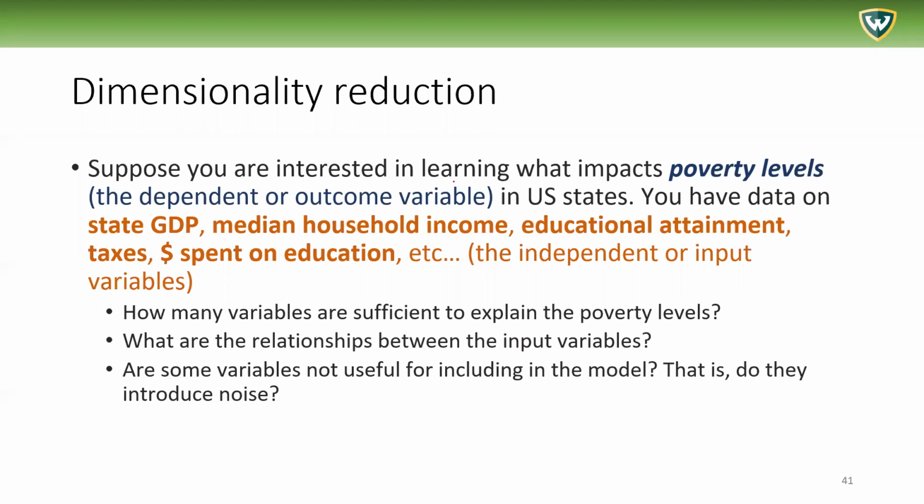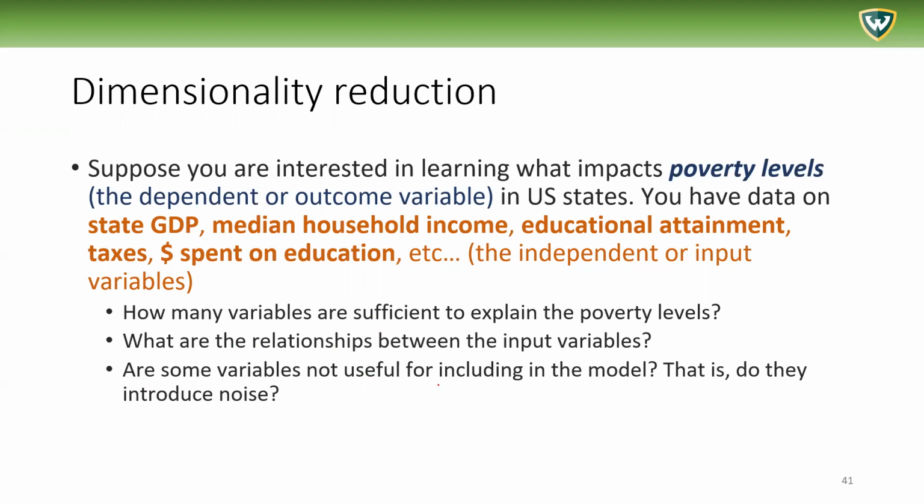It's a little tricky and difficult, because a lot of these things are related to each other. So it's kind of hard to have independent variables that are not correlated with each other. That's a question that may come up.